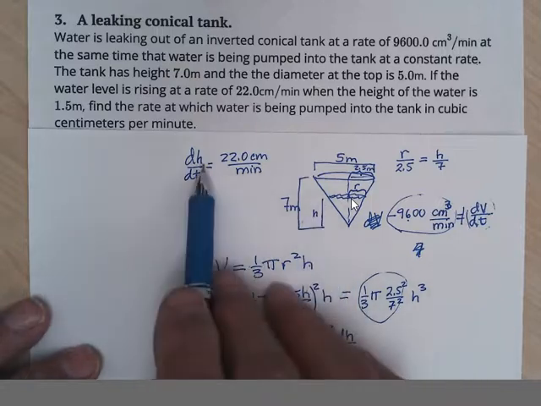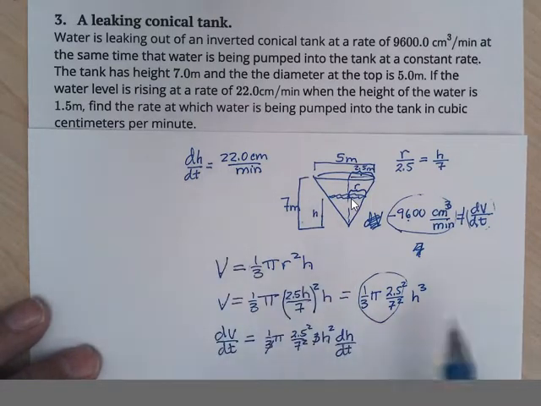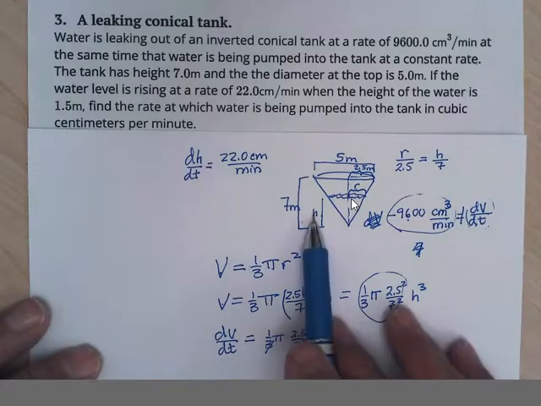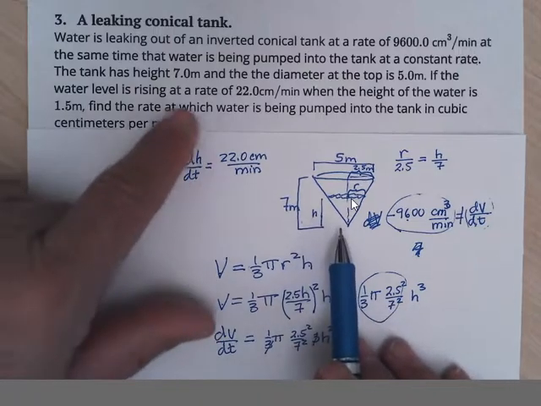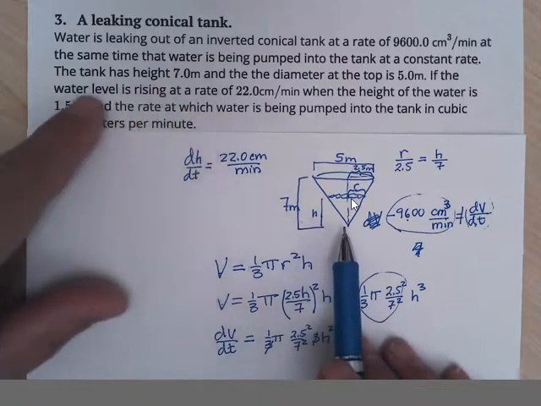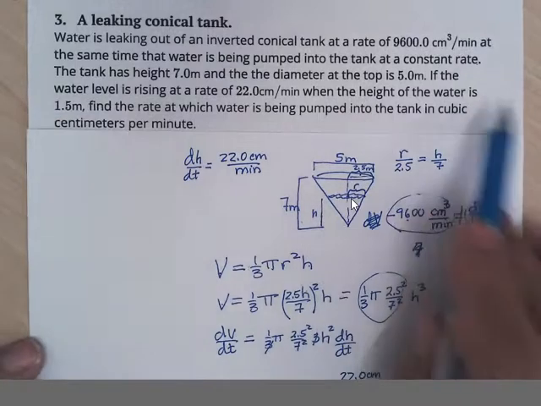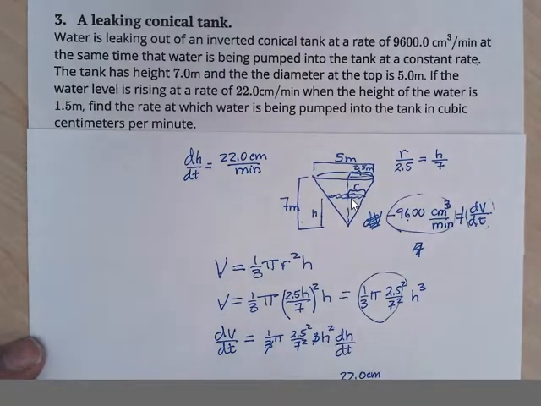Now, they told us how much dh/dt was. That's 22.0 centimeters per minute. And they told us to do this when the height of the water is 1.5. So we've got to put 1.5 in there.